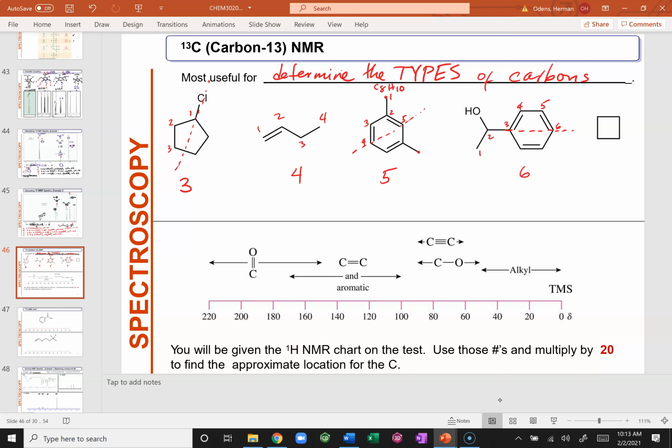This molecule has a plane of symmetry like this, a plane of symmetry like this, and a plane of symmetry. So basically only one. So you have one different type of carbon right there.